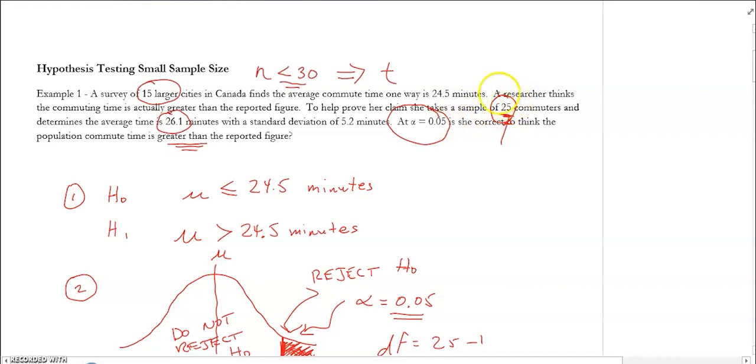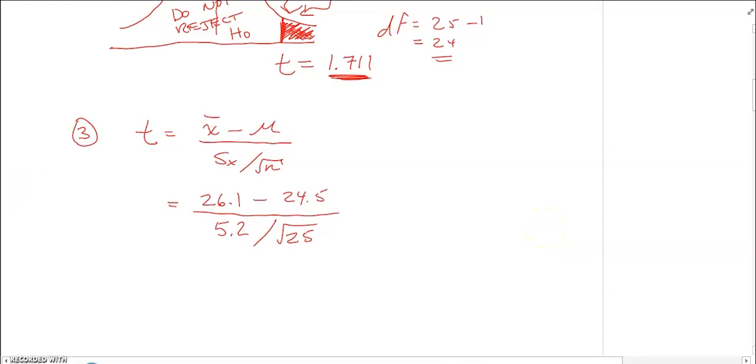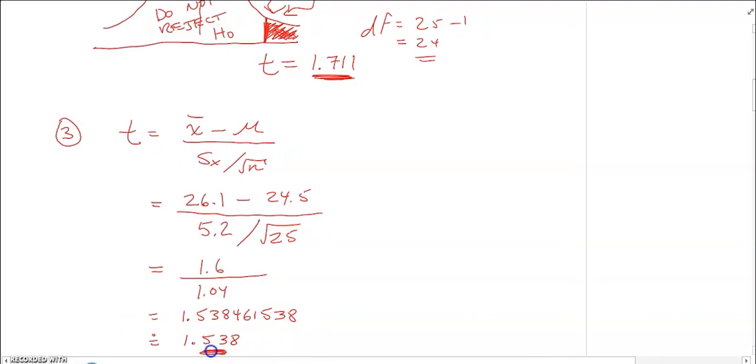So this is the actual sample size. Putting this together, we get the following. And in this case here, because our critical value is now 3 decimal places, we're going to round to 3 decimal places. So 1.538 is going to be the test value in this case.